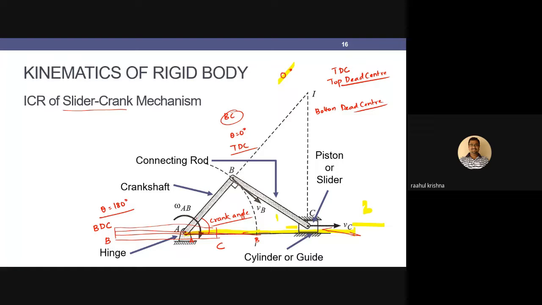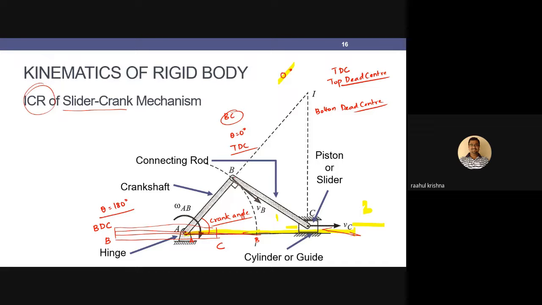Now, for each of these angles between 0 to 180, the position of the crankshaft and of the connecting rod keeps changing at each instant, right? That is why I have the instantaneous center of rotation.